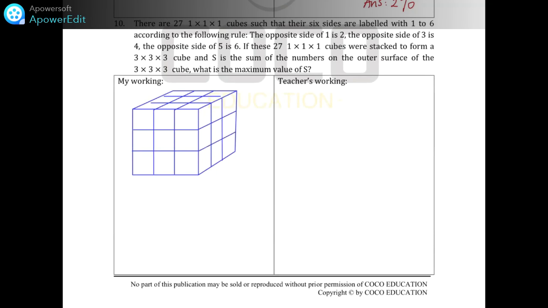Now we know the center, this will be 6. We want it to be as large as possible. So for the center, you can only see one face of the square. This one is 6.